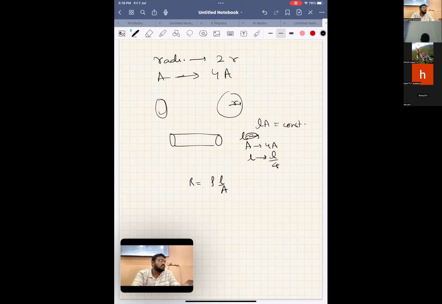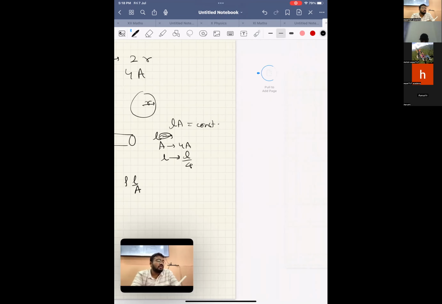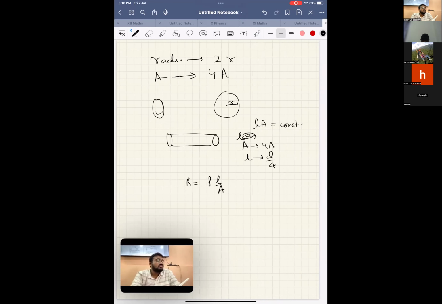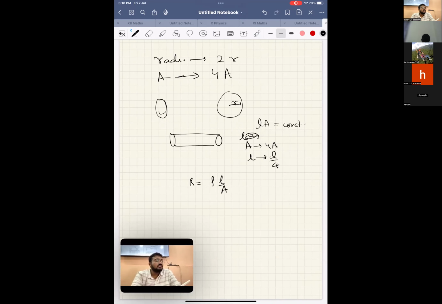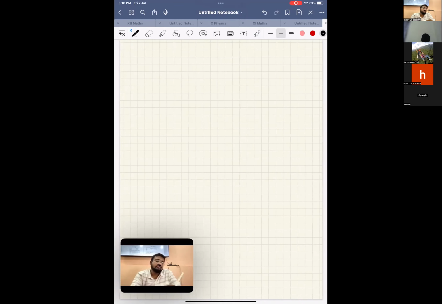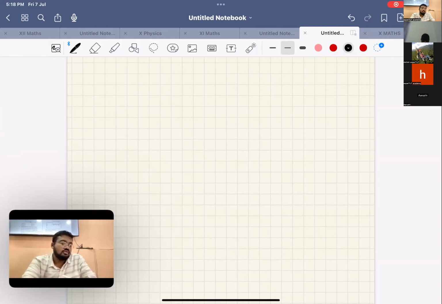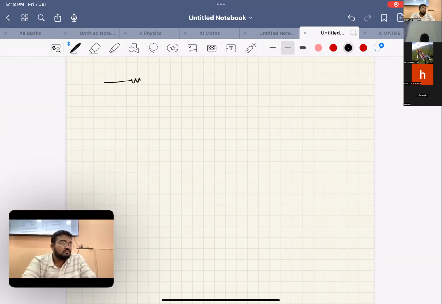15th. In the figure, the current through the 3 ohm resistor is 0.8 ampere, and the potential drop through the 4 ohm resistor is? So see, through the 3 ohm resistor the current is 0.8 A. There are 3 ohm, 6 ohm, and 4 ohm.